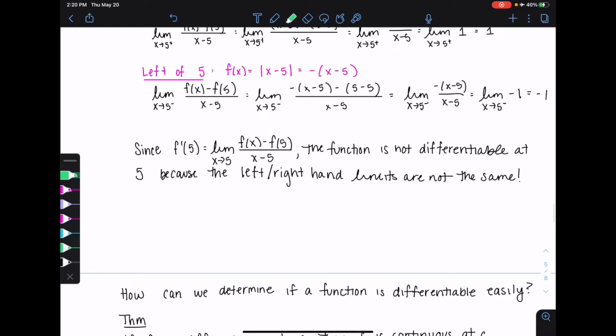Okay. And ultimately, what you can do is think of this pictorially. The derivative is representing the slope of the tangent line. So for that derivative to exist, I better have a unique tangent line. Well, if I go to look at my absolute value of x minus 5, it's just our absolute value shape. On the right-hand side, if I pick any point, the slope of this tangent line is just going to be 1.